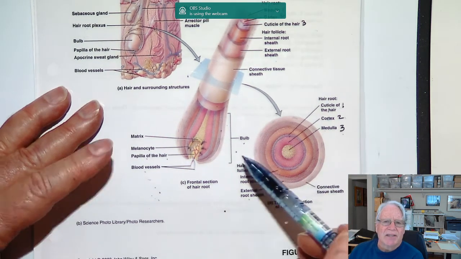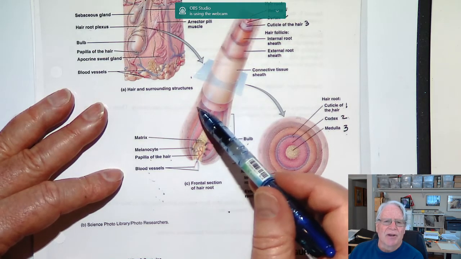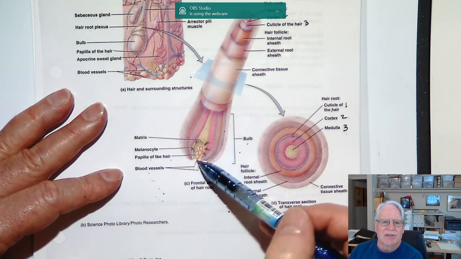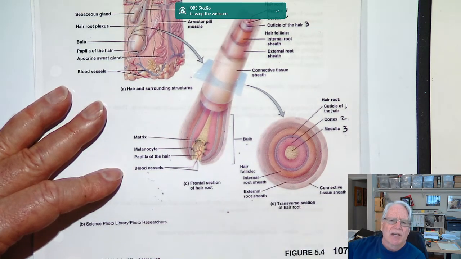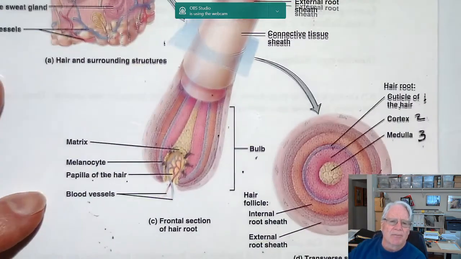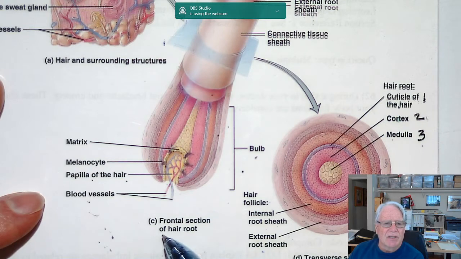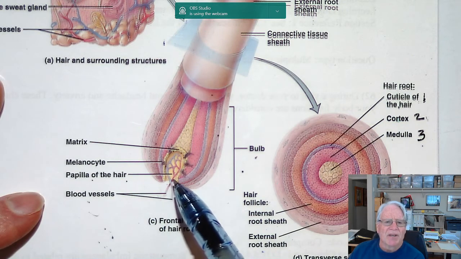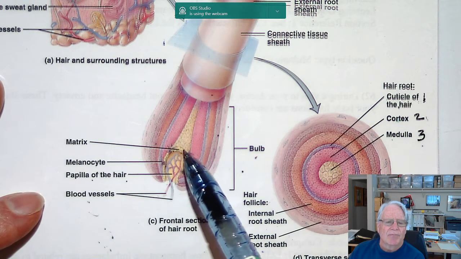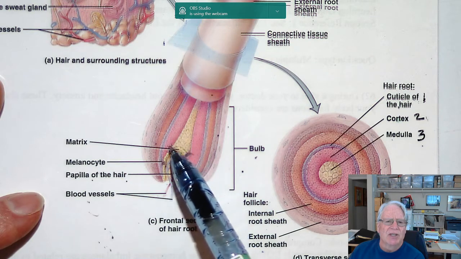So at this end, the hair enlarges, as you can see here, and there's this little indentation here. Let's go in close up to see that. Okay, and so this is the papilla of the hair, which is this nipple-like indentation.